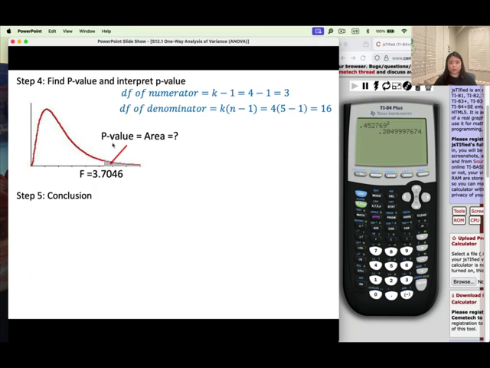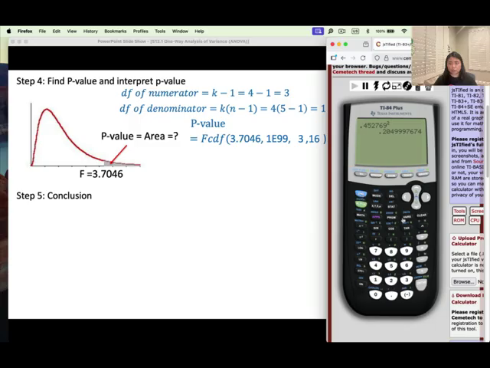And then we're going to find the p-value. We'll be using the FCDF. Lower value, upper value will be 1E99. And then degrees of freedom of the numerator, degrees of freedom of the denominator. Use your calculator. So go to second, vars. Going down, you're going to find the FCDF.